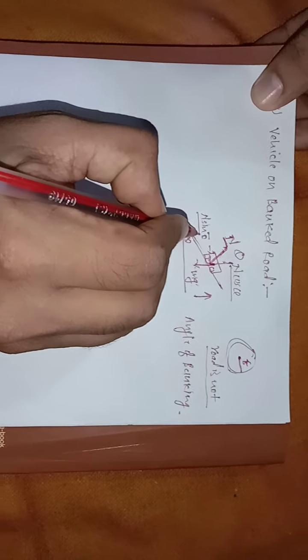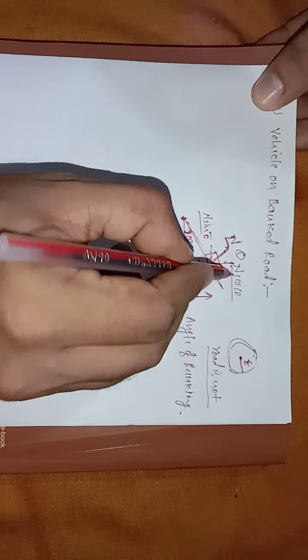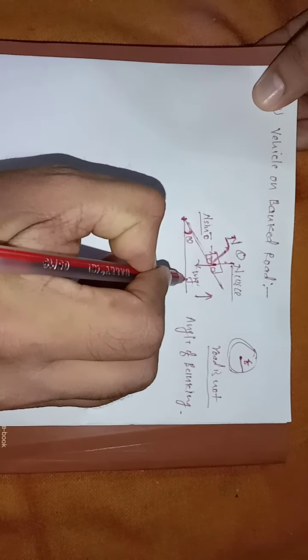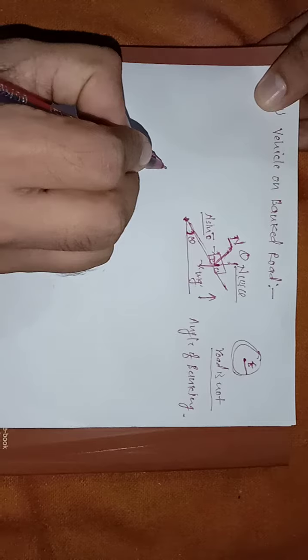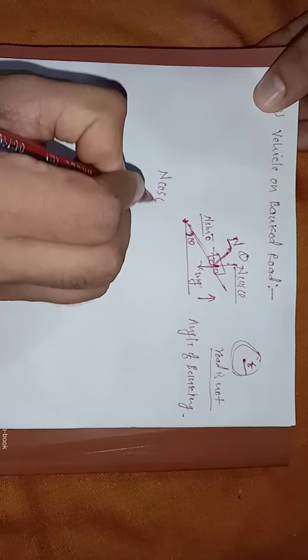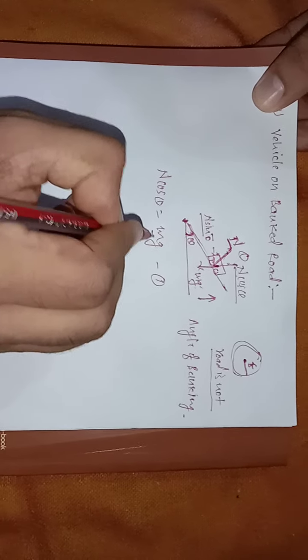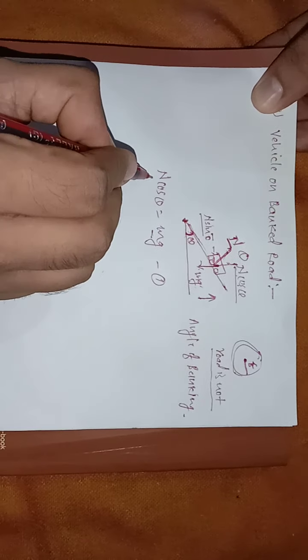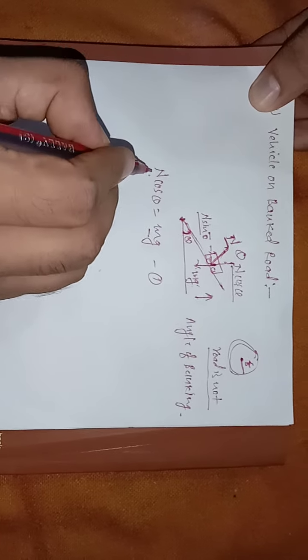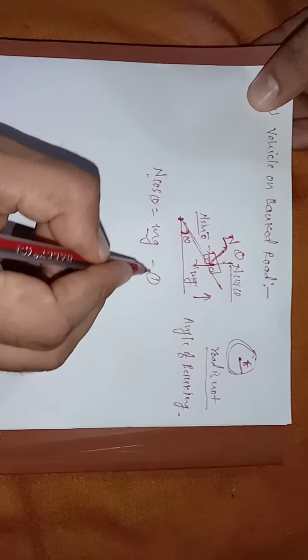Now the vertical component balances the weight of the vehicle, so we can write N cos theta is equal to mg.